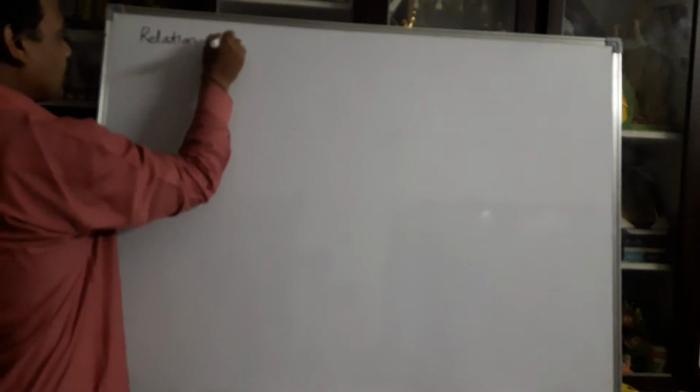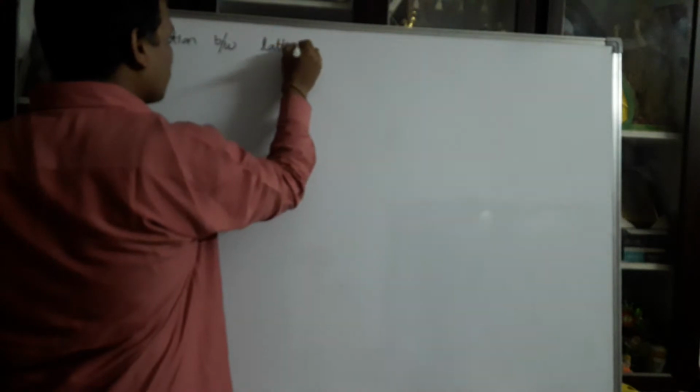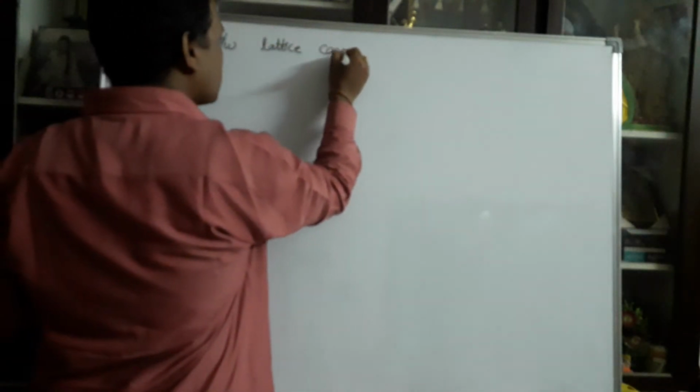After completing these structures, we can deduce a very good relation between the lattice constant and the density of the crystal structure. So today we are discussing the relation between lattice constant and density of the given crystal structure.